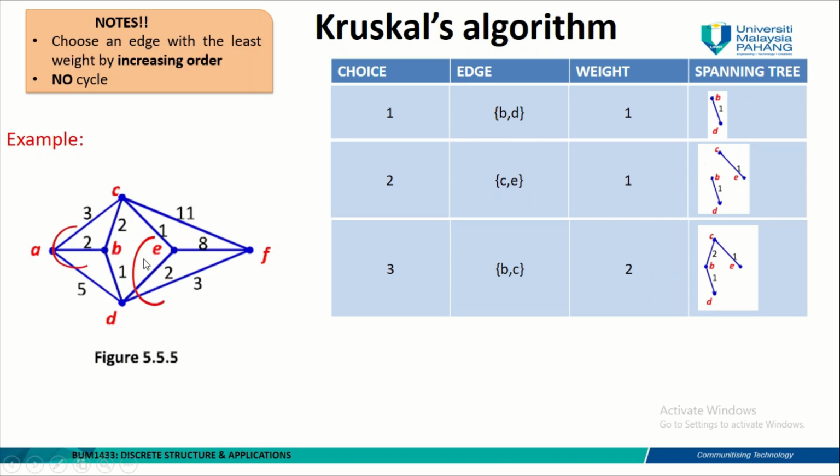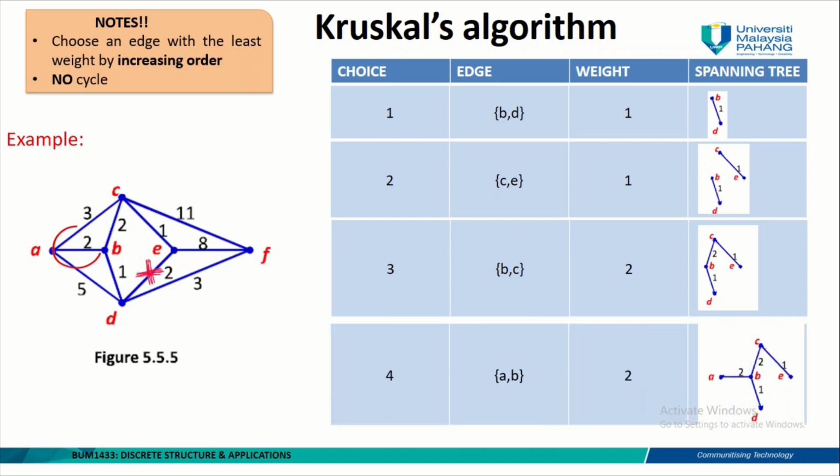If I choose DE here, it would form a cycle. So we cannot choose DE since we want to avoid creating a cycle. So we choose AB here. So our fourth choice is AB. So we draw our spanning tree and we write down the wedge.